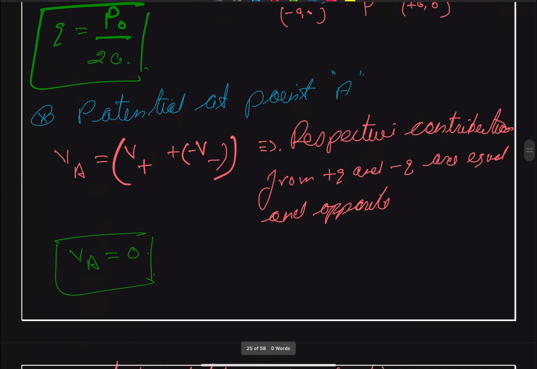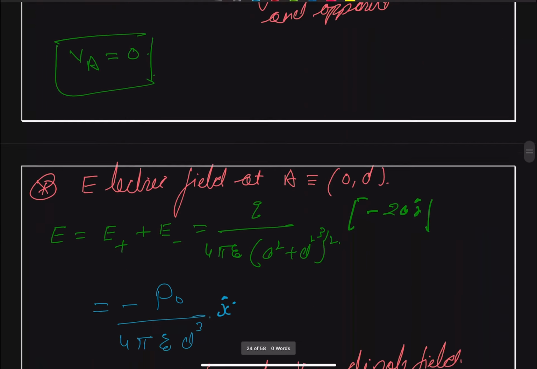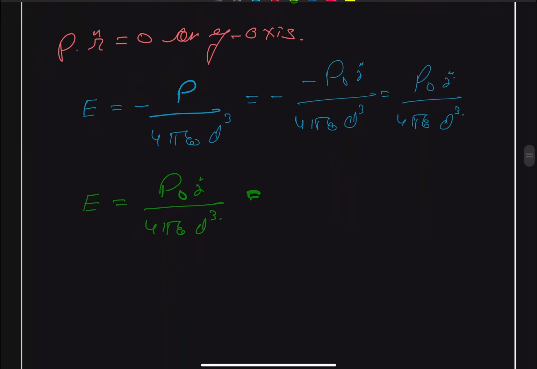But if we look at our initial figure, we can easily see that our electric field is towards the right side, whereas the dipole moment is towards our left side. Therefore, this will be having a net negative sign. So we have to remember this part.